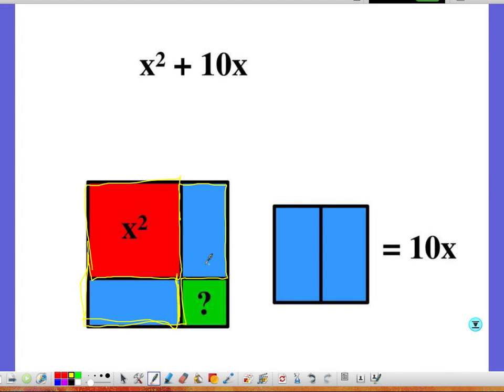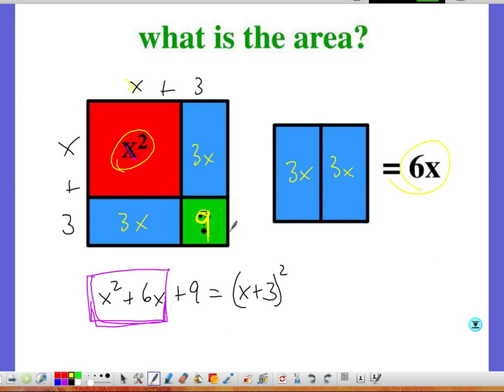So if I find the area of this green square, can you see how that completes the square? So all I have is this right here. How can I find the area of the green square so that I can complete it? Well, what did I do here?